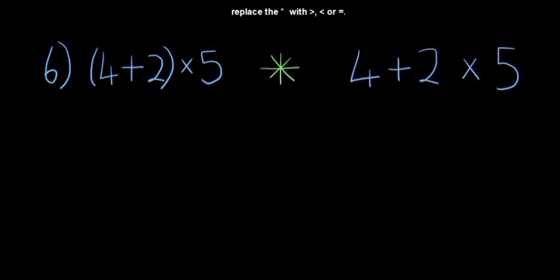So we need order of operations to compare these numbers. I've made a video on order of operations. The link is in the description down below. Let's continue. So on the left hand side, we're gonna add first. So we're gonna add the 4 to a 2 to get a 6.